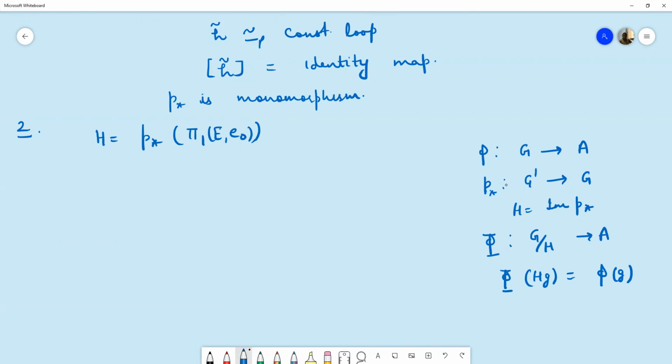So capital Phi of the coset corresponding to the element g belonging to G is equal to phi g.